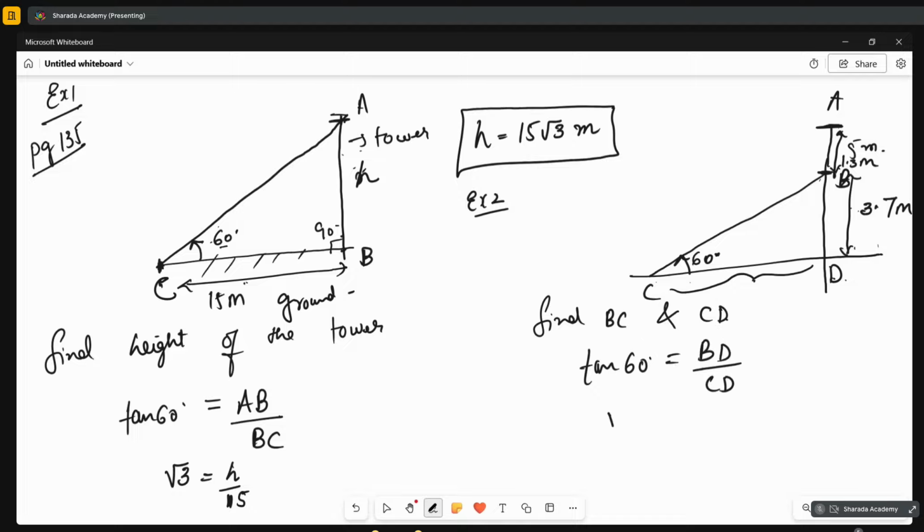What is tan 60? Root 3. That is equal to 3.7 by CD. Or CD is equal to 3.7 by root 3, that is 1.73.